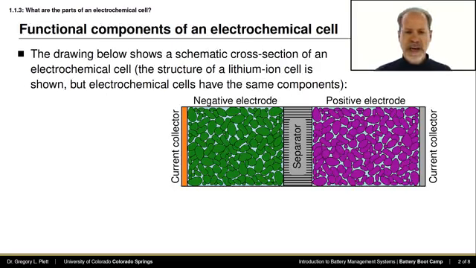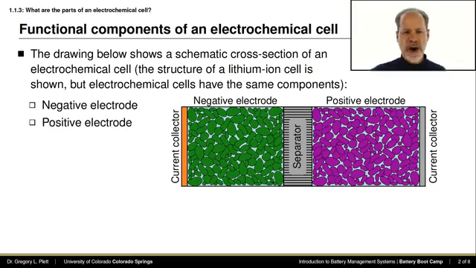On this slide, I have included a drawing that you will see many times in the specialization that depicts a cross-sectional view of the internals of a battery cell. To the left of the drawing, the negative electrode is shown as a collection of green shapes, and to the right of the drawing, the positive electrode is shown as a collection of purple shapes.